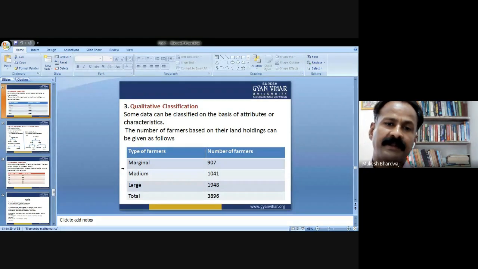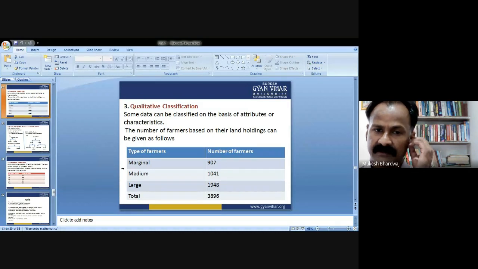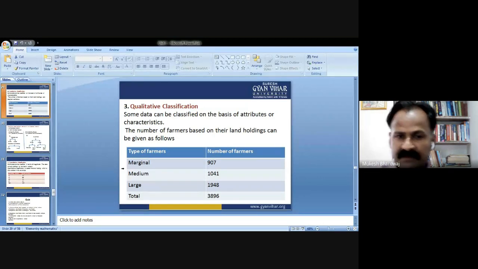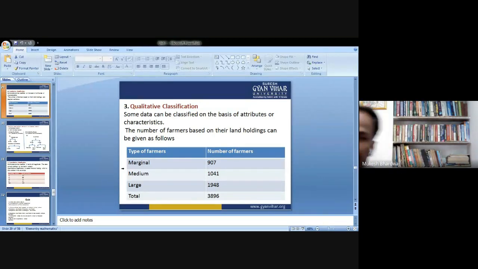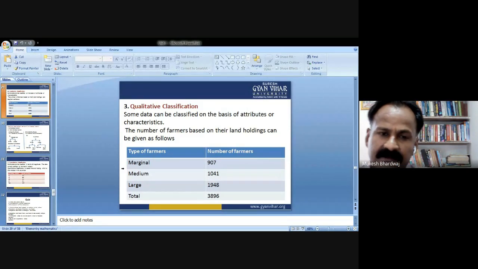Now, qualitative classification of data. That means you're talking about quality. Some data can be classified on the basis of attributes or characteristics. For example, the number of farmers based on their land holdings can be given as follows. We divide the farmers into three categories: large farmers, medium farmers, and marginal farmers.